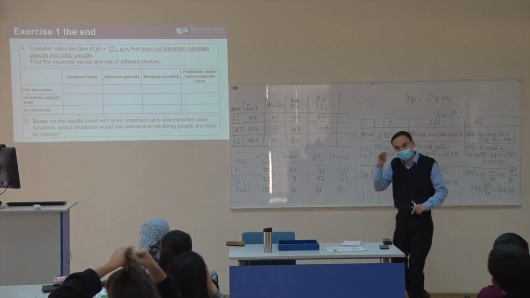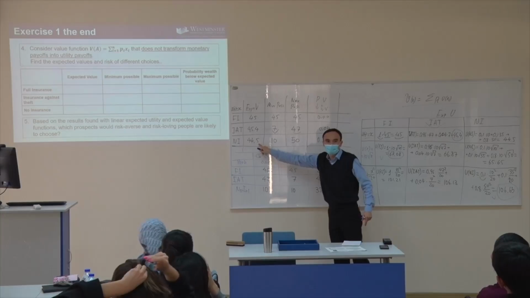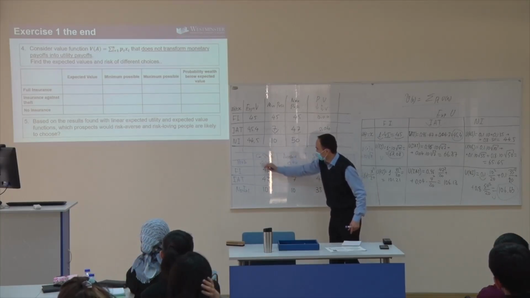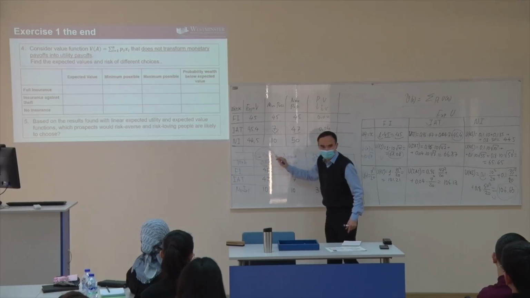In all cases it's less than 44.5. If it's stolen, we will end up with 10 sums.